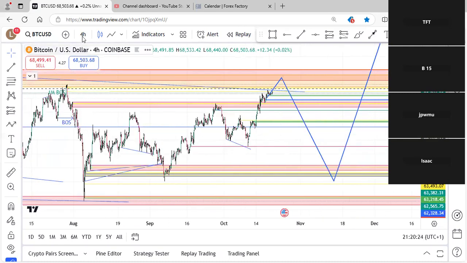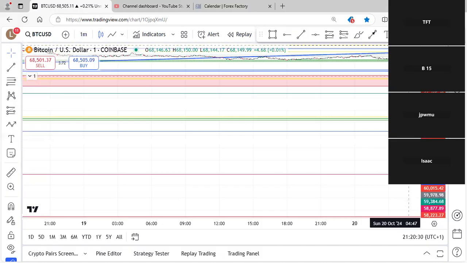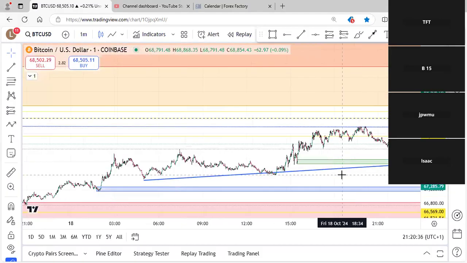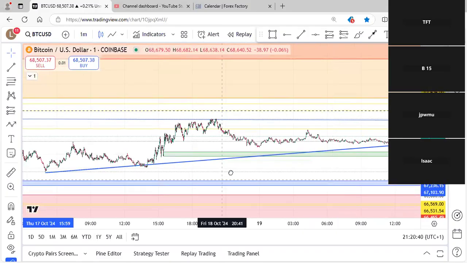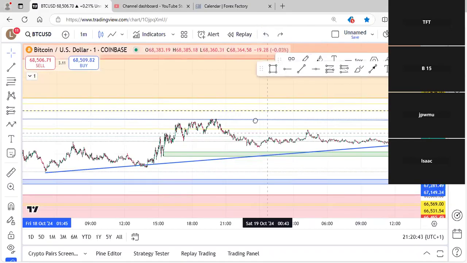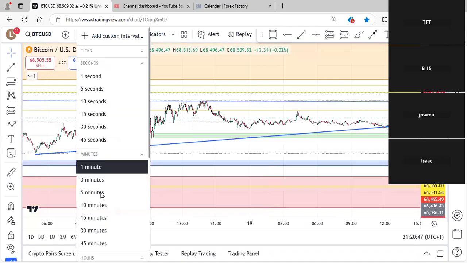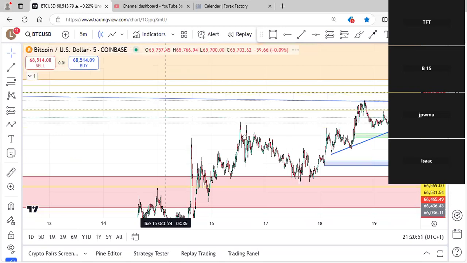Just while we are on Bitcoin as well, I'm looking for imbalance fills on the 1 minute at the minute. That's sort of how I'm trading at the minute, and this works very well on Bitcoin as well. So I'll just go to the 5 so I can see where I'm at.